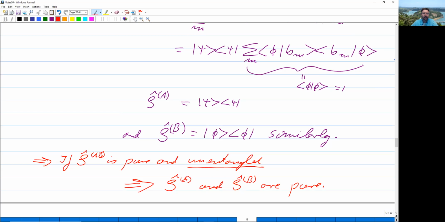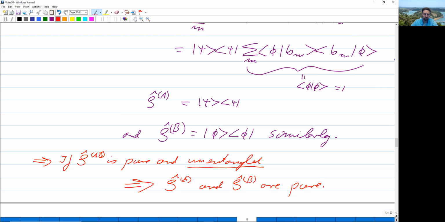So it only ever makes sense to ask whether a state is entangled or not if it's the state of a composite system that you subdivide into subsystems. And system A and system B, we don't subdivide. Their only properties are whether they have pure states or mixed states.